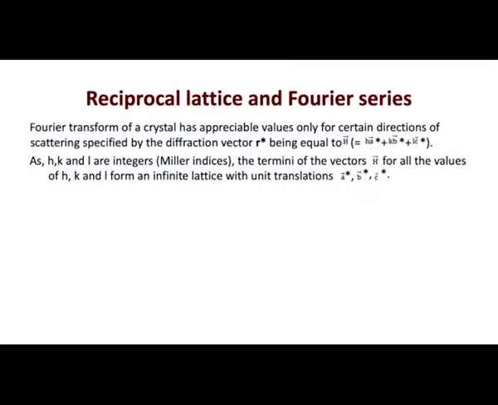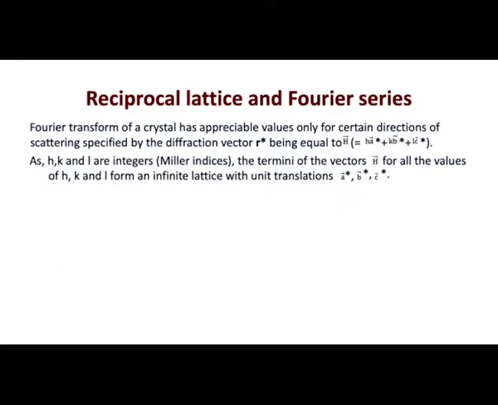Now we will see the relation between the reciprocal space and the Fourier series. The Fourier transform of a crystal has appreciable values only for certain directions of scattering, specified by the diffraction vector r star being equal to the vector H, which is equal to h a star plus k b star plus l c star, where the small h, k, l are all integers that define a Bragg plane.